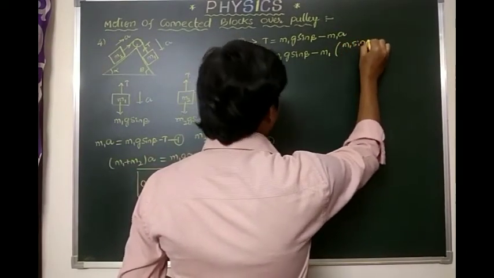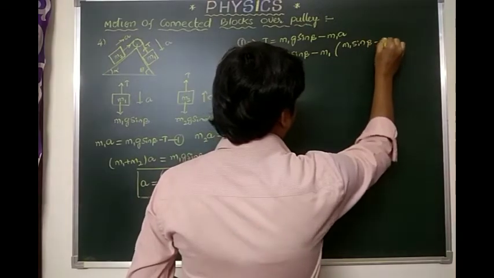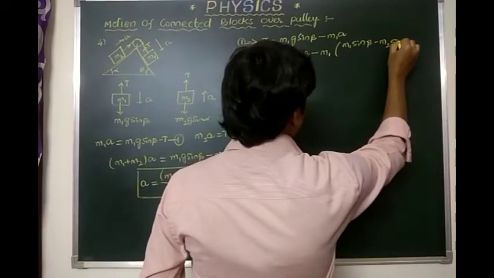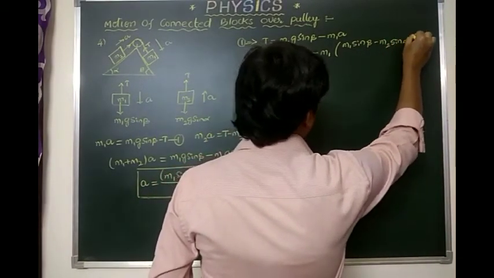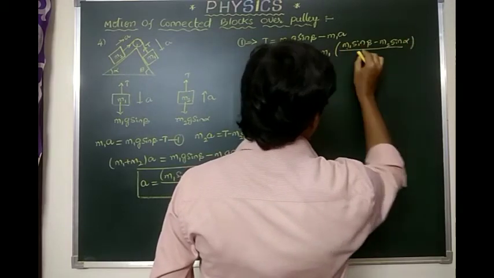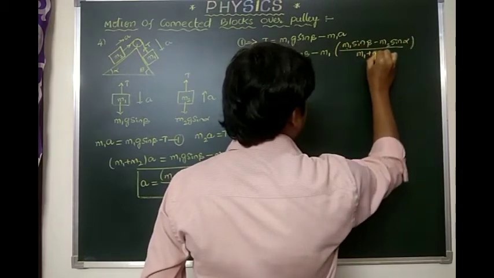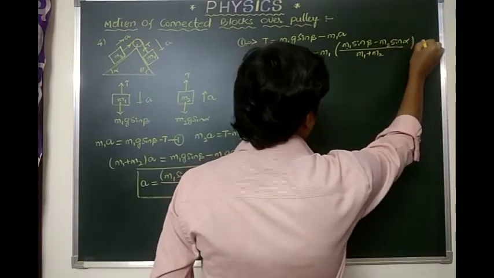So m1 sine beta minus m2 sine alpha divided by m1 plus m2 into g.